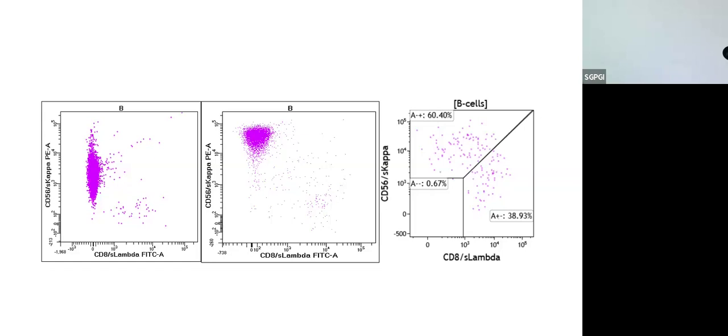Now, for those of you who did not think that these populations are clonal, may I ask why? What were the thoughts in your mind which led you to not call this clonal? If any one of you would like to share. Yes, so this is positive for kappa, right? The intensity is variable. It is sort of ranging from dim to moderate. It is not bright where the normal cells usually are, but this is definitely clonal.